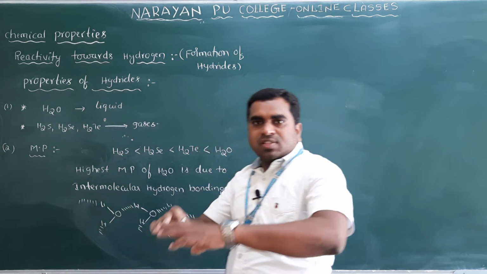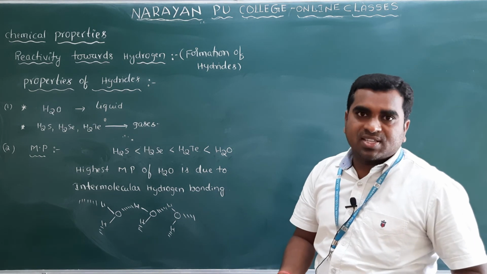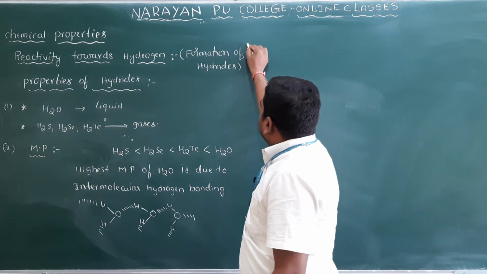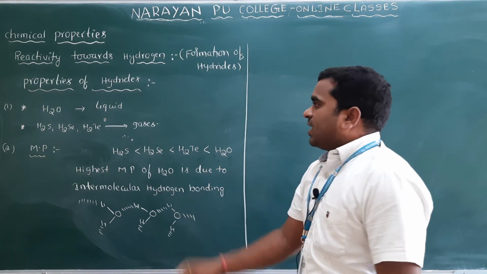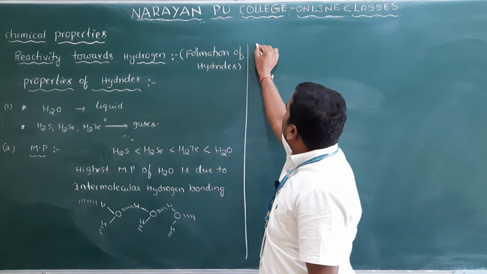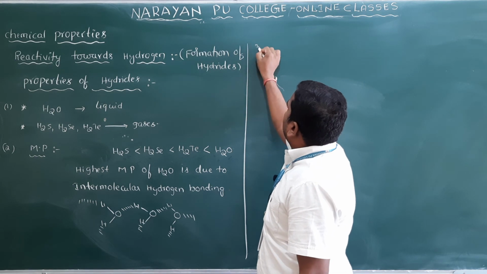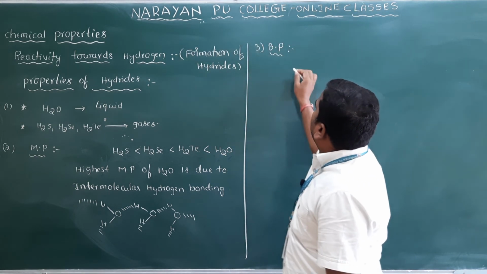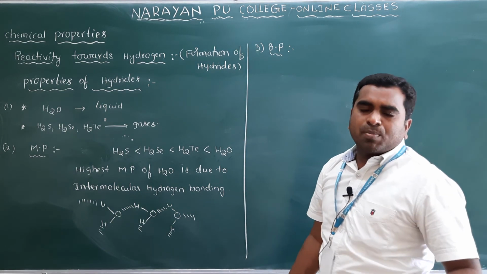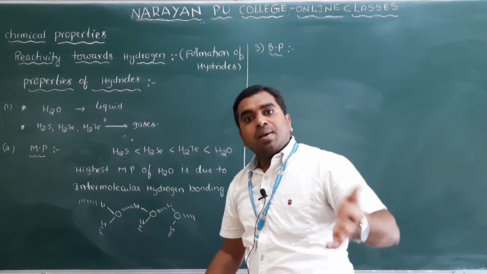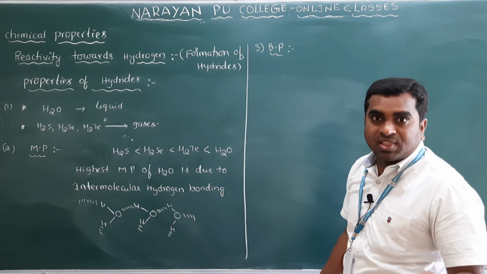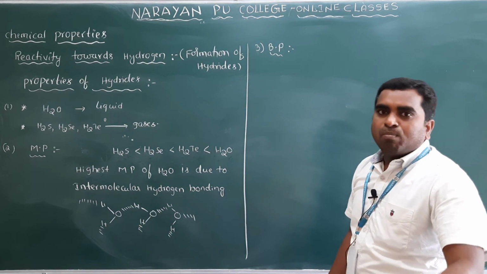As the size increases, electronegativity decreases, which means they cannot form hydrogen bonding. So this is about melting point. The third property here is boiling point. Same, boiling point also depends upon the size. As the size increases, melting and boiling points increase, because van der Waals forces increase with the size or molecular mass.